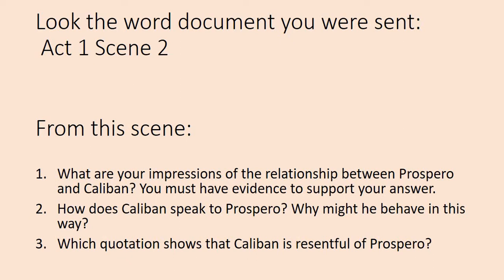Think about, what is he telling us? What is he saying Prospero has done to him, or that he has done to Prospero? What information do we learn about what's happened before we met Prospero and Caliban? So think about what his tone is, how he speaks, and then what from the information we learn about happened between them could be his reason for why he speaks to him like this. Okay? Clear, full sentences to answer these questions, please.